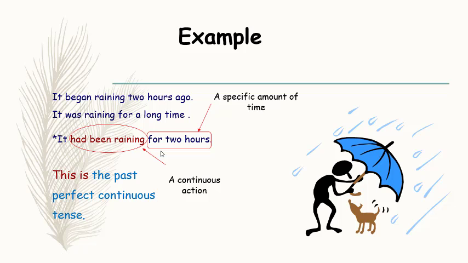So here, we have to use a continuous action and a specific amount of time. Without using a specific amount of time, it's not easy for us to say it's past perfect continuous or not. So after reading this example, can you indicate what is the form of past perfect continuous? Think about it. Yes, you're doing a great job.